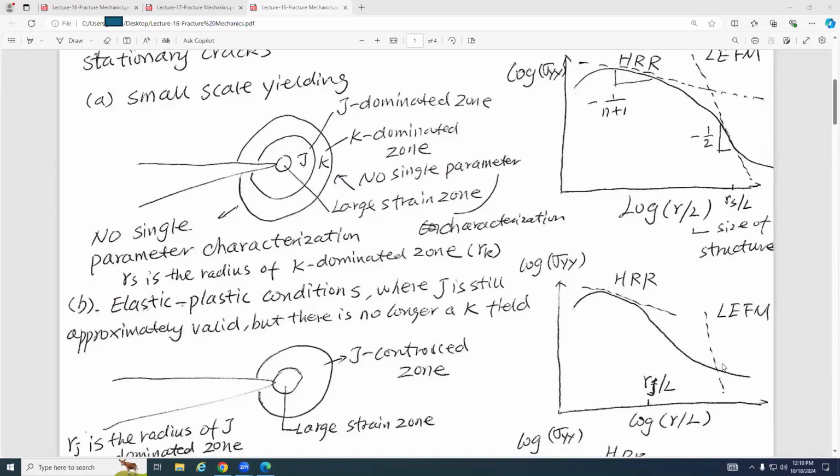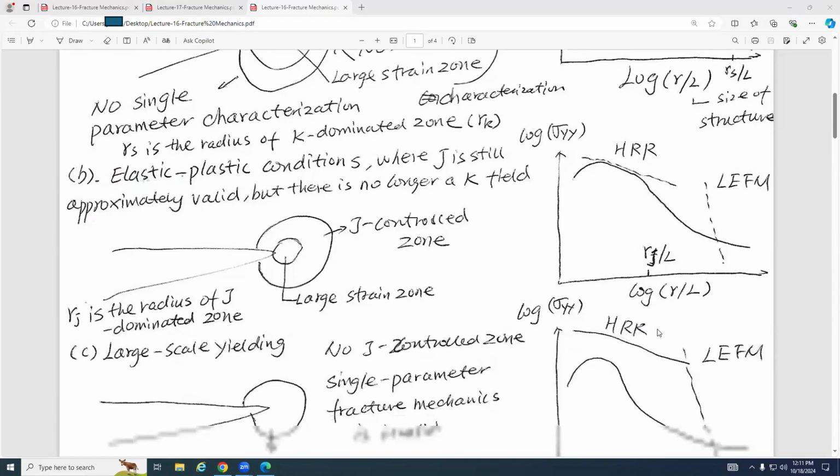LEFM cannot give us a valid solution. However, still in this J-controlled area, which is usually smaller than the K-controlled area, we can still use HRR to approximate. And once again, for the large strain zone near the crack tip, the HRR approximation is also not valid. So this is what these two pictures say.